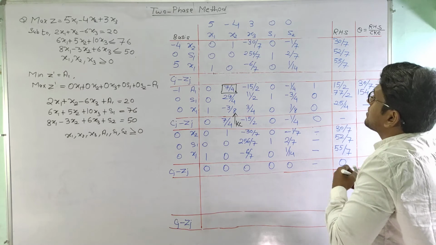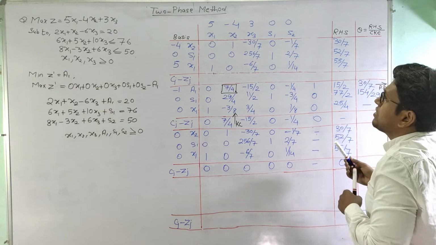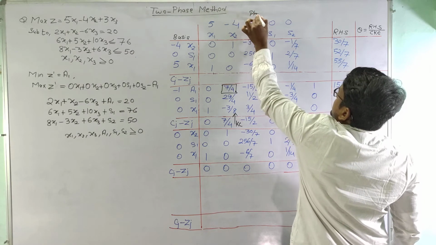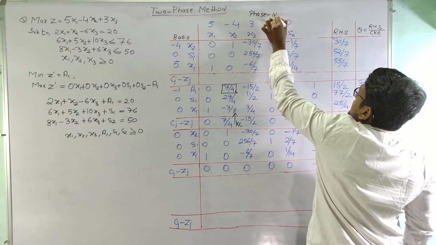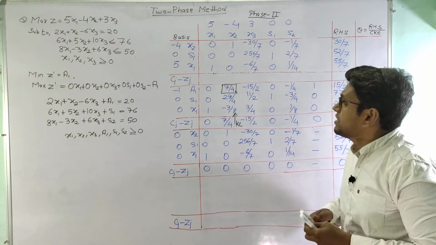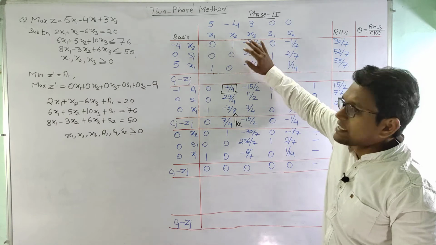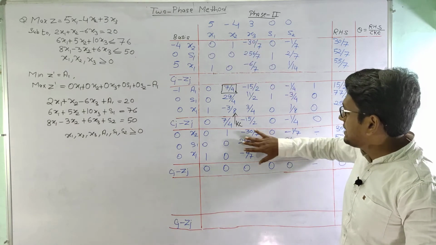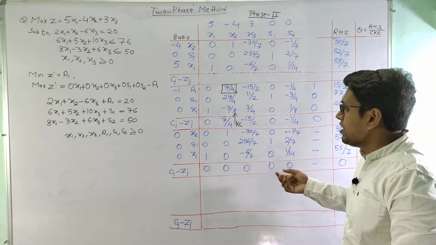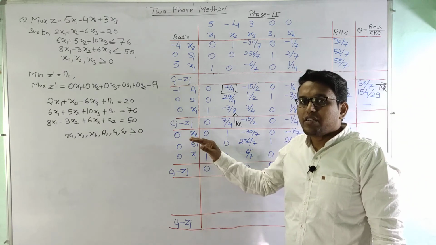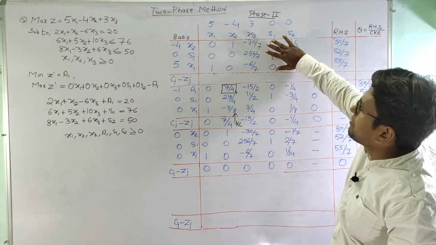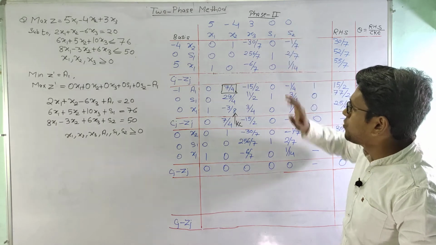And remember that right now we are solving phase 2 of the two-phase method, where we have started with the matrix that has ended in the phase 1 solution, and we have taken this because we have no artificial variable here. So we can take this matrix as the first matrix of phase 2.